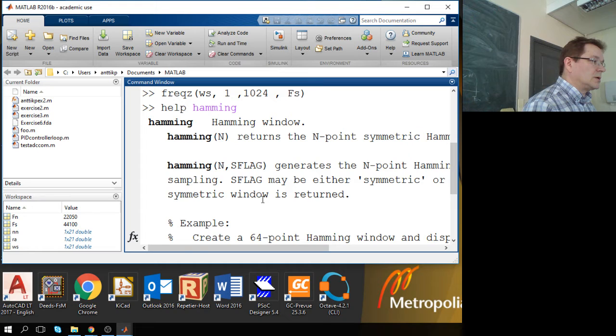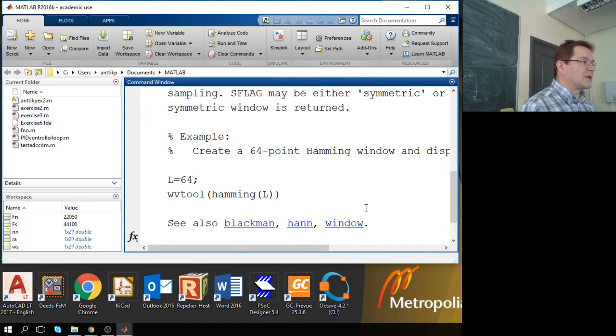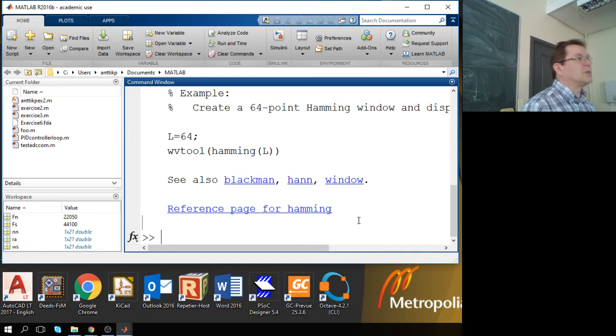There are several different windows. Most common are Hamming, Blackman, Von Hann. Then there's a Kaiser window, which is a window generator. You set up the parameters, and it gives you different kinds of windows. But the Hamming, Blackman, and Hanning are the most common windows, and they are very historic.